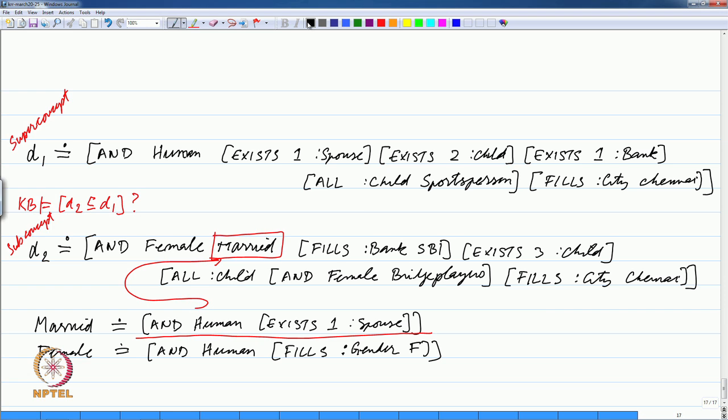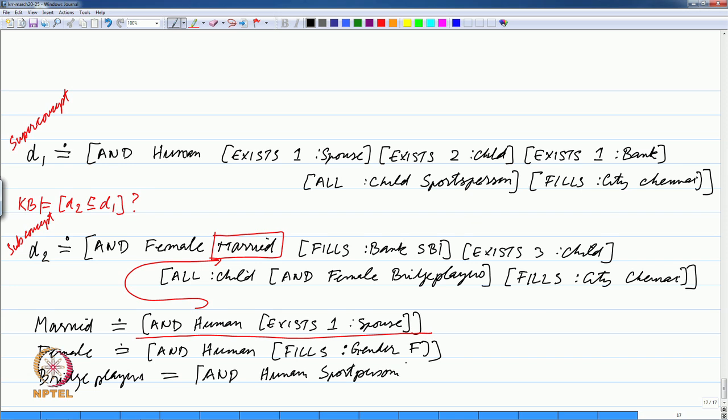And likewise you could define, let us say, bridge players as human, again it is not really necessary, and sports person, because that is what we really want.